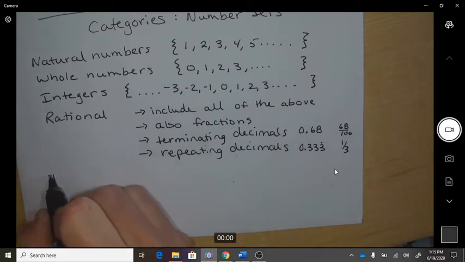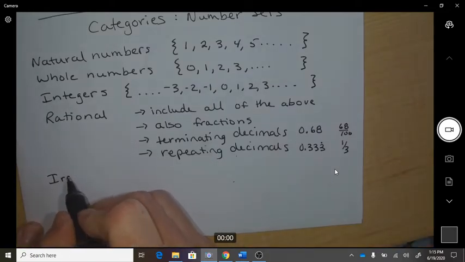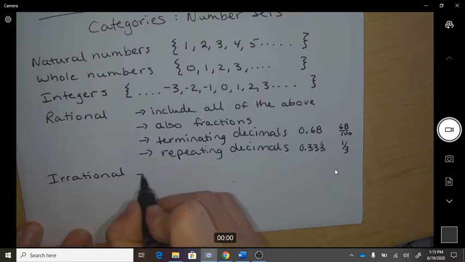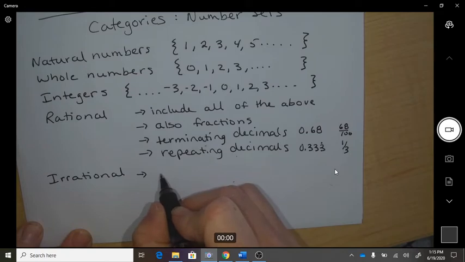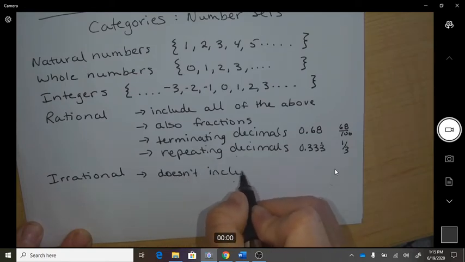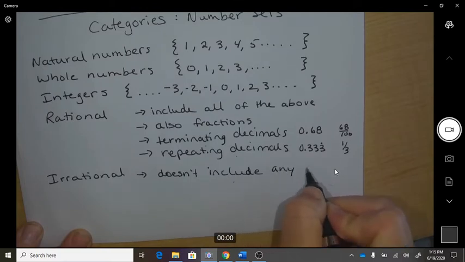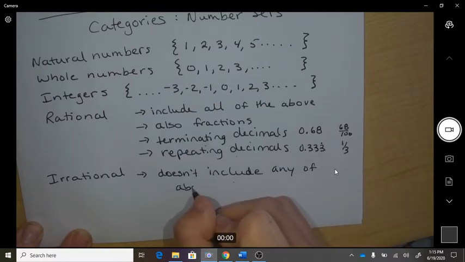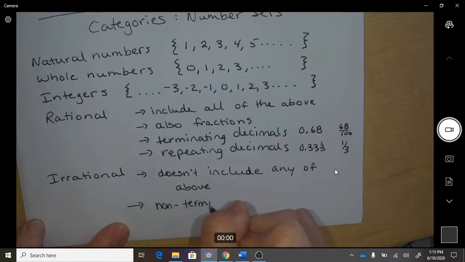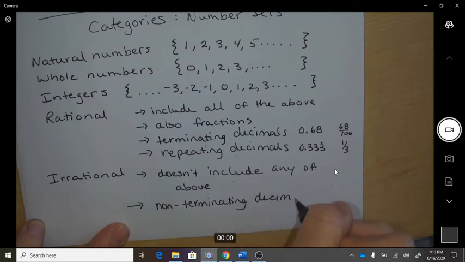And then the last category is called irrational. So it doesn't include any of the above. So non-terminating decimals.